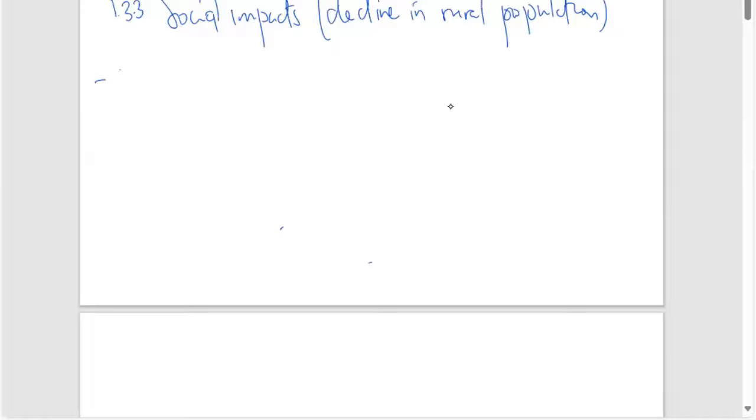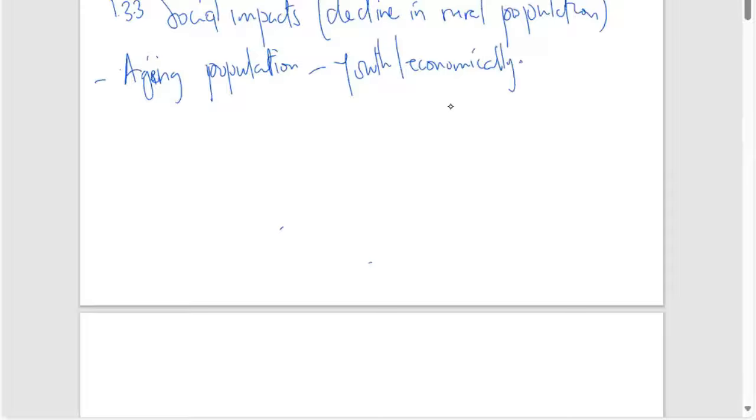So we look at typical issues like aging population. Where do you get the problem of aging population? Because of this instance, we have the youth migrating, or the economically active. They migrate, leaving behind the elderly.